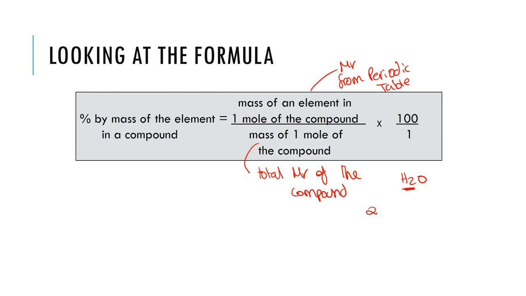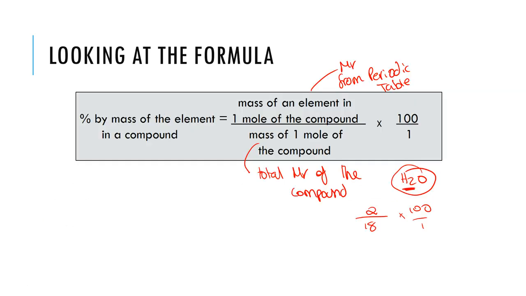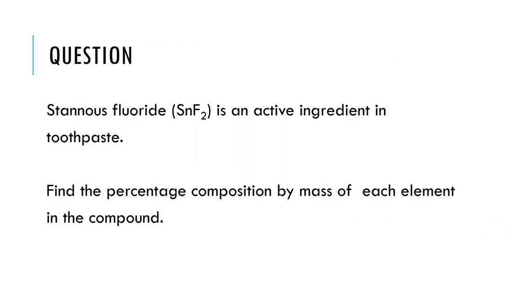So that would be 2, and then I'm going to divide by the total mass of the compound of 1 mole, which is 18. And I'm going to multiply that by 100 over 1 to get my percentage. So this is what it means. It's basically saying the mark that you got out of how many marks were available, multiplied by 100 over 1. The same way you do a percentage any other way.